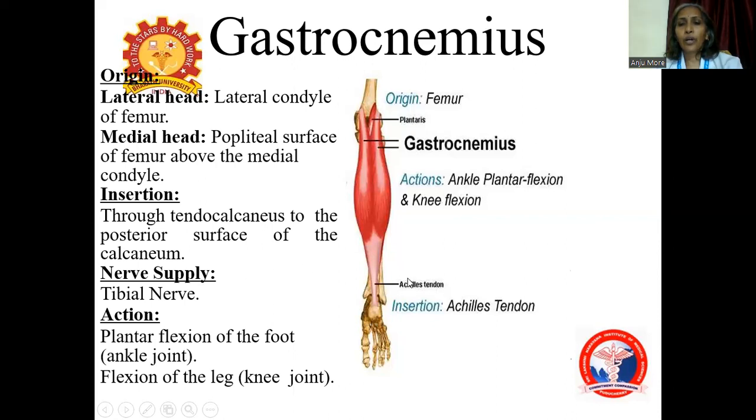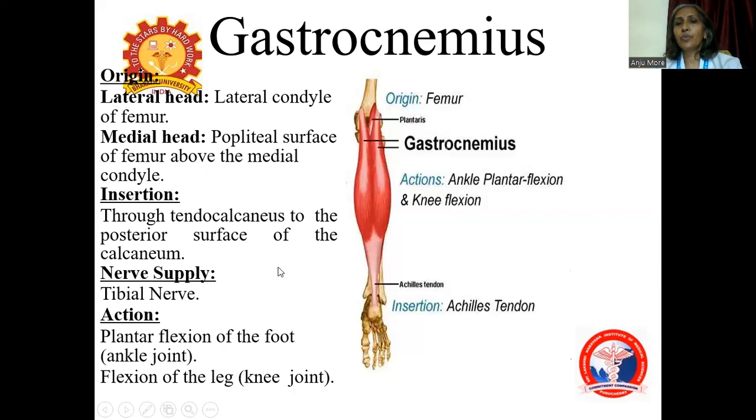Actually, the tendoachilles is not just the tendon of gastrocnemius, but it also has the fibers of another deep muscle deep to gastrocnemius, that is soleus. The nerve supply is by the tibial nerve. Action is plantar flexion of foot at the ankle joint and flexion of the leg at the knee joint.